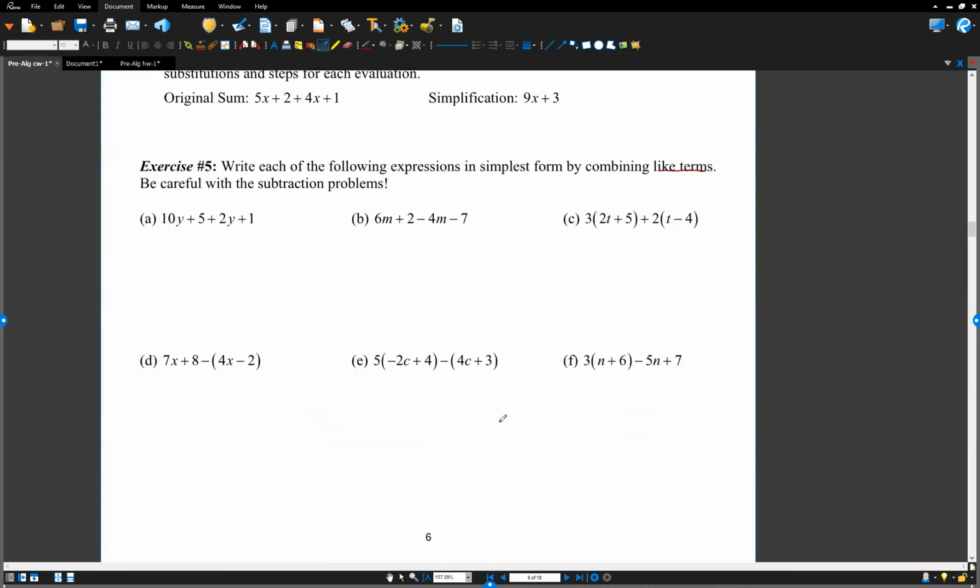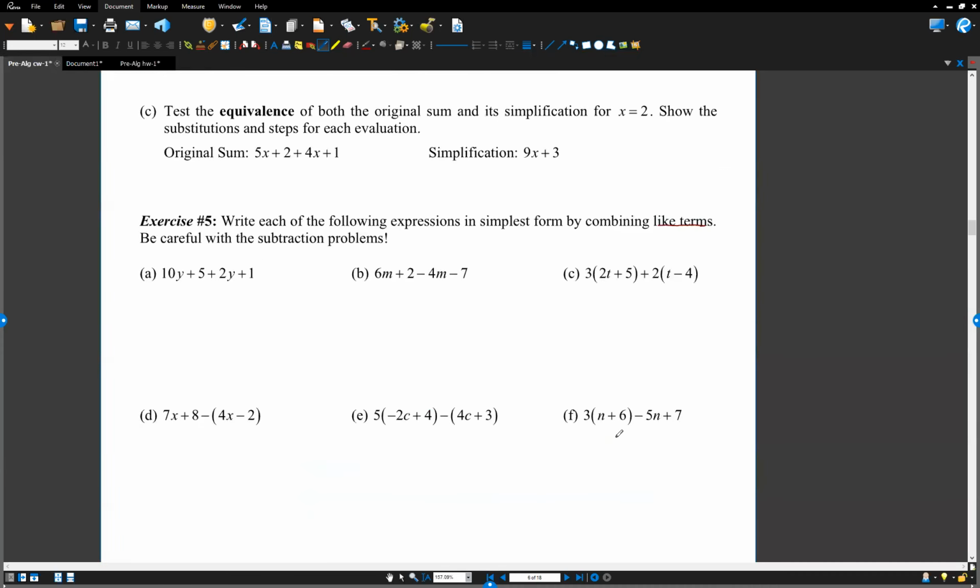We continue over here. All right, now simplify using like terms. The first one, 10y and 2y are like terms. You can simplify 10y plus 2y first. The second one is a constant and another constant, 5 plus 1.